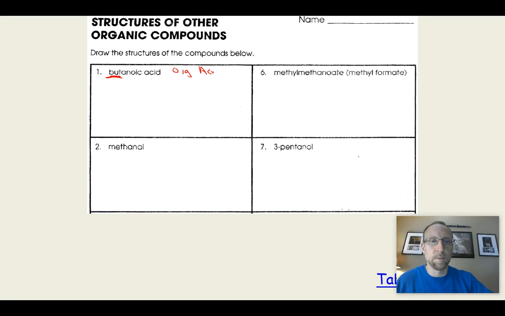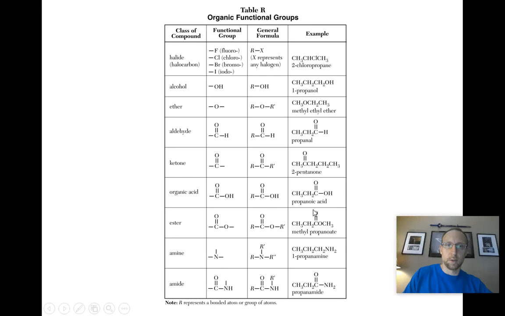And use your reference tables to help you out. So you take a look here and you go, okay, it's an organic acid. So my functional group is COOH. So use this and see, okay, what do I need to include in this compound? So any of these have to have that functional group present for it to be in that class of compound.